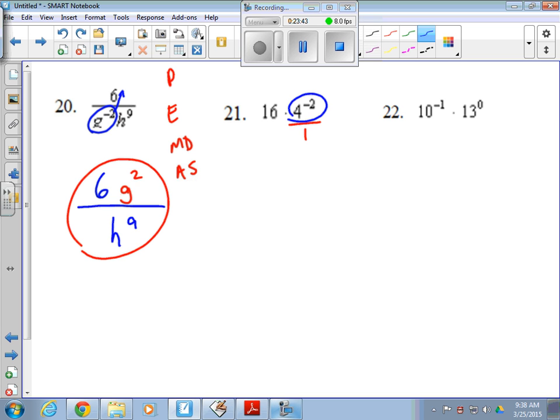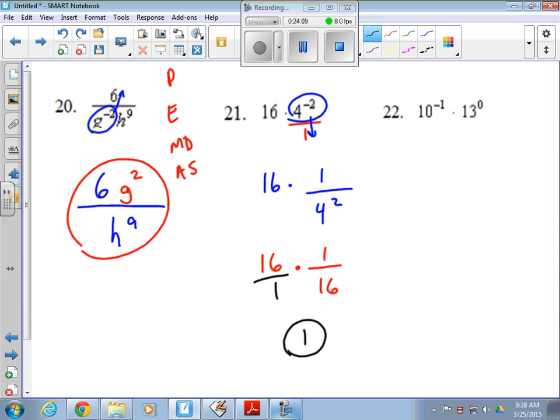This goes down, and it becomes 16 times 1 over 4 to the positive 2. 1 over 4 to the positive 2 is 1 over 4 times 4, which is 16. So we have 16 times that. If we multiply straight across, we're going to get 16 on the top over 16 on the bottom, which simplifies to 1. 16 divided by 16 is 1.